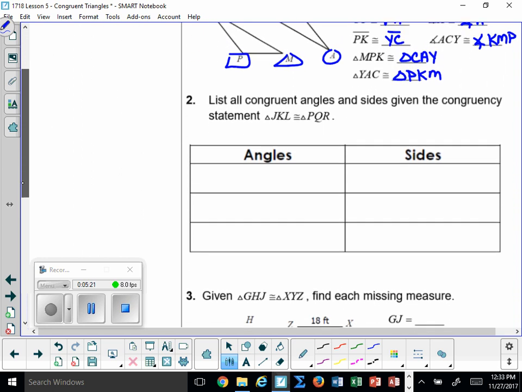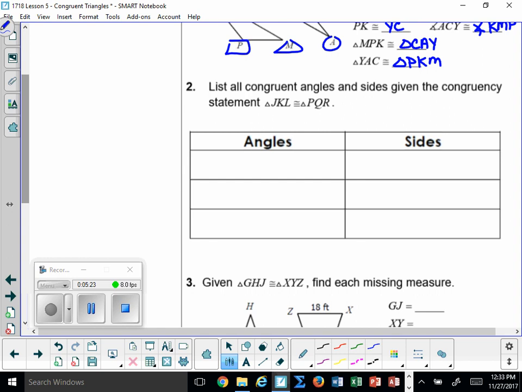All right, for number 2, we're asked to list all congruent angles and all congruent sides. So there's 2 ways to go about this, right?